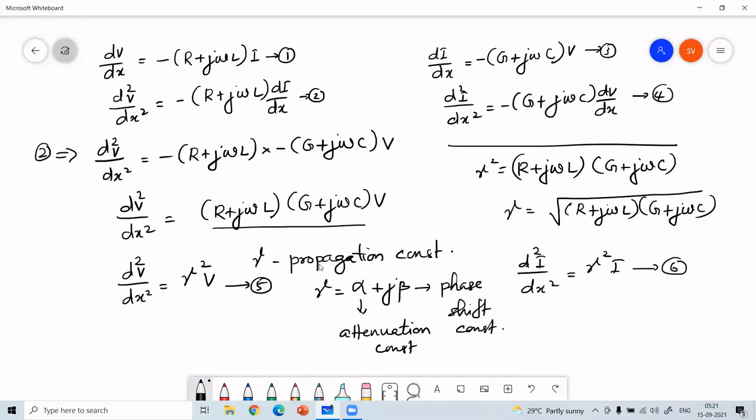So we have derived the transmission line equations: d squared V by dx squared is equal to gamma squared into V, and d squared I by dx squared is equal to gamma squared into I, where gamma is a constant known as the propagation constant, which can be written as alpha plus j beta, where alpha is the attenuation constant and beta is the phase shift constant. Now we can write the solution for these two equations in the next clip.